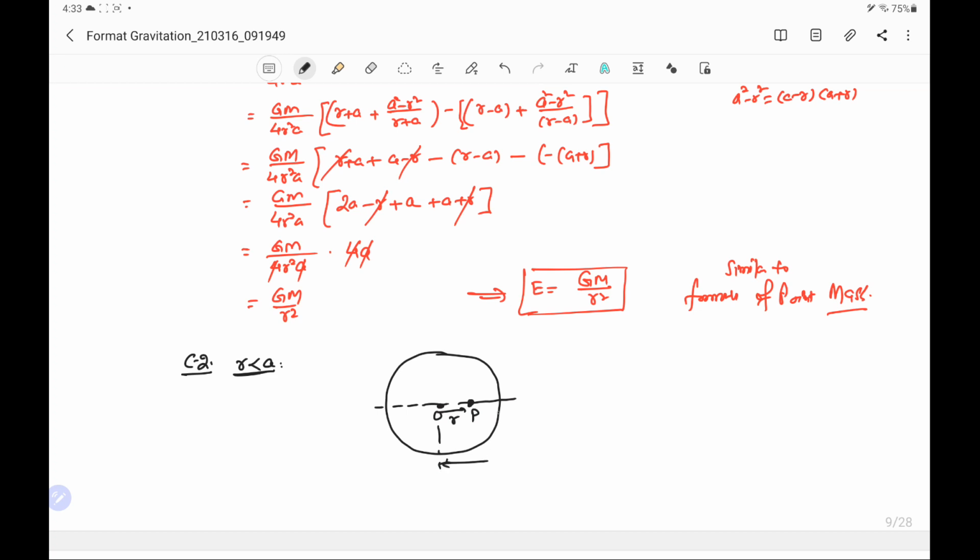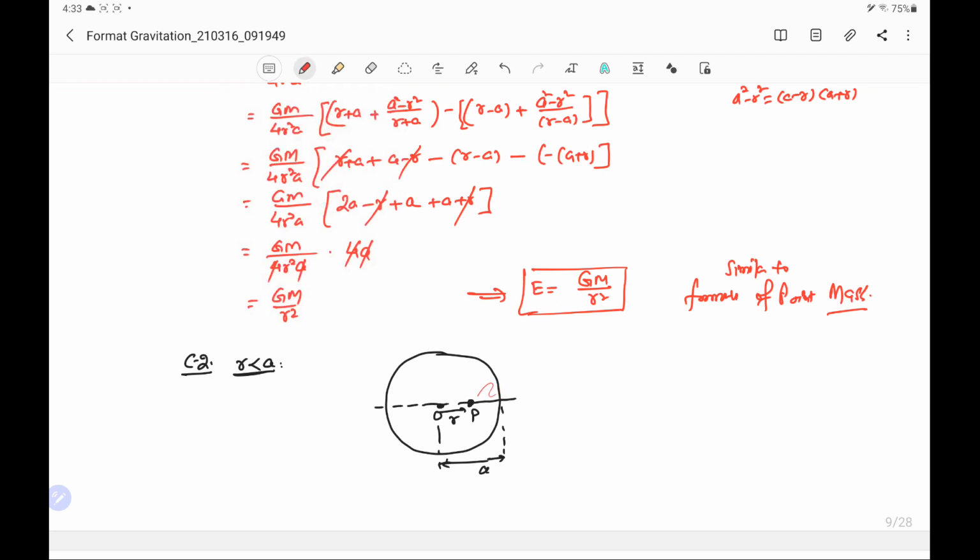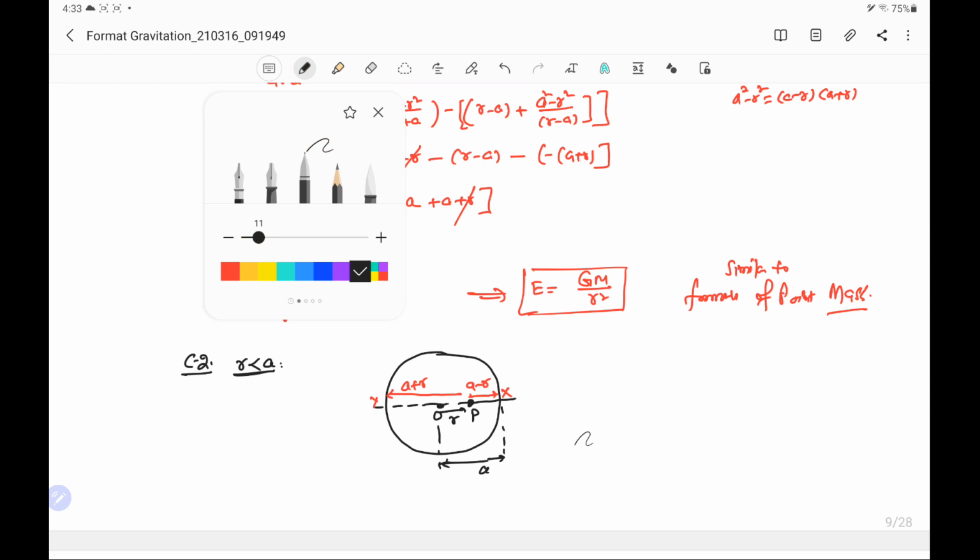The radius of this spherical shell is a. As we have done earlier while calculating the potential, we can say that the limits for point x and y are a minus r and a plus r. So we will integrate for these limits.